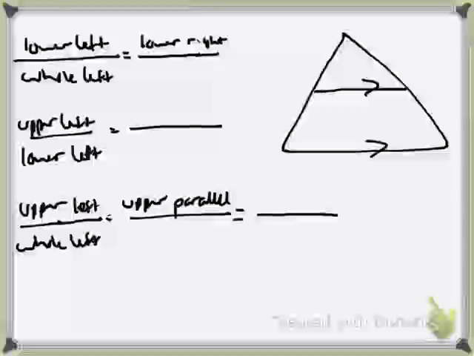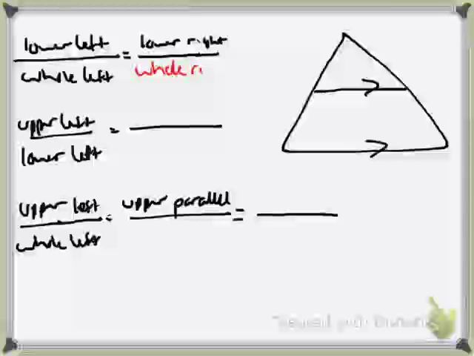So this first proportion is like what we did the other day, where we say upper left, well, that's the side of the small triangle, to whole left, that's the side of the big triangle. That would be equal to lower right to, so lower left to whole left would be lower right to whole right.